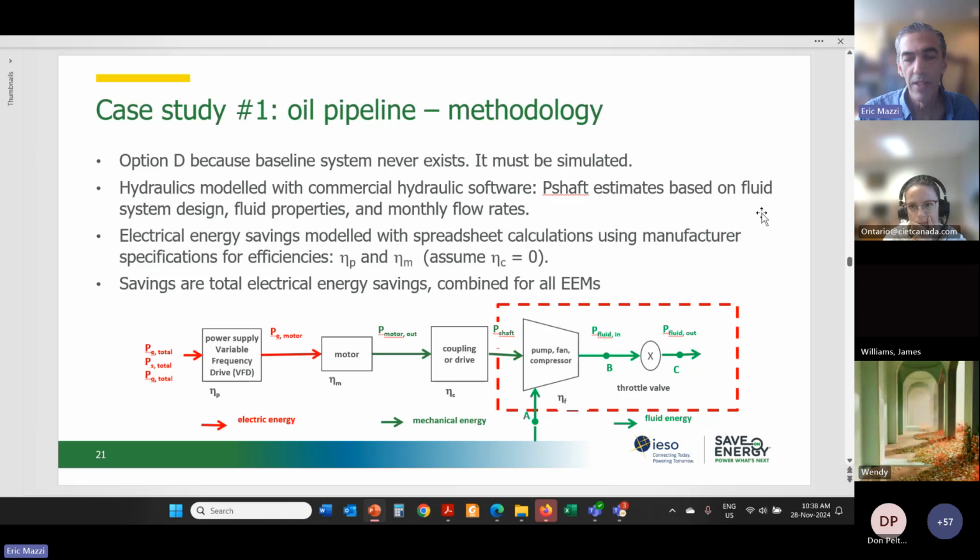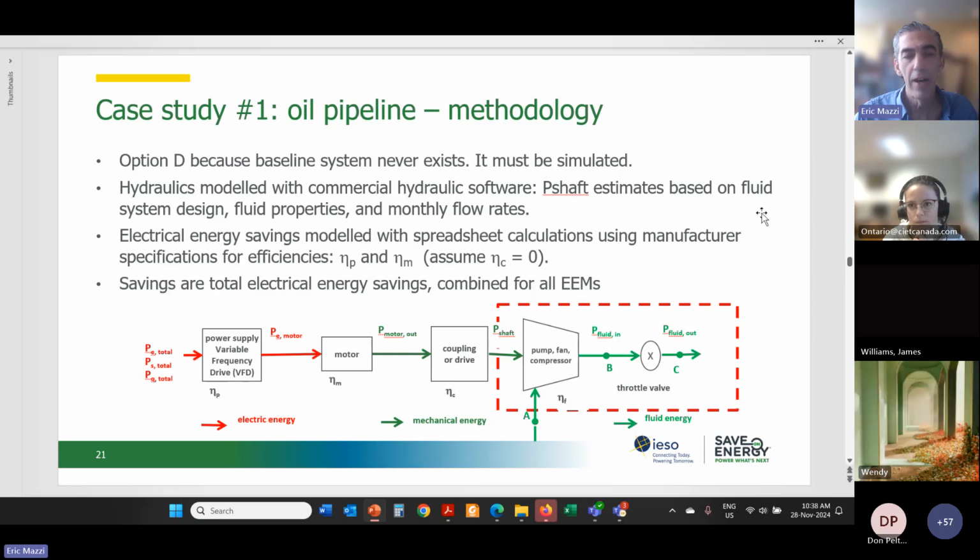What it comes down to is this diagram just shows your typical pump-driven system, where you have a power supply with a transformer and a VFD and a motor, and you might have some connection between the output shaft of the motor and the input shaft of your pump.